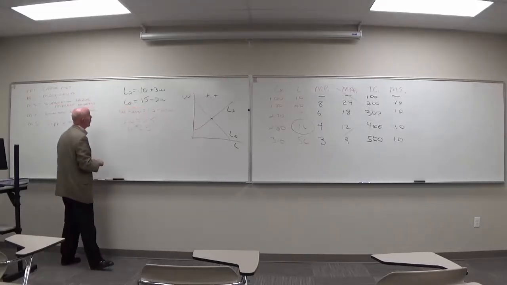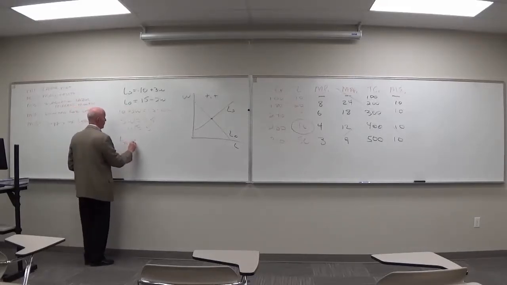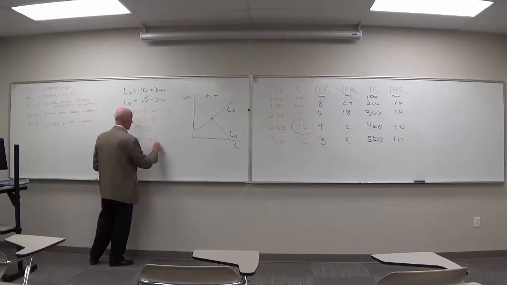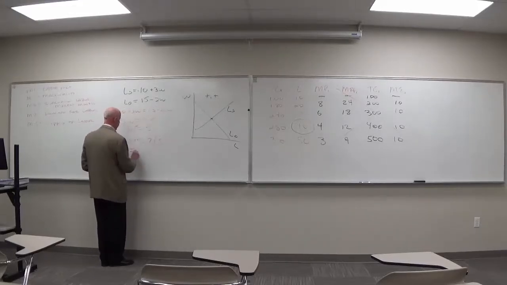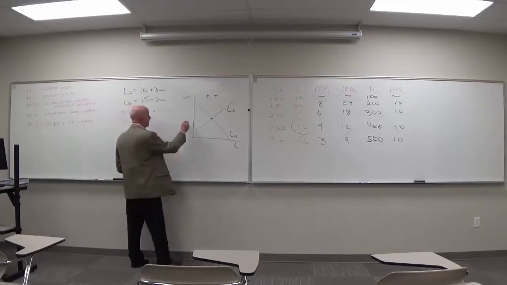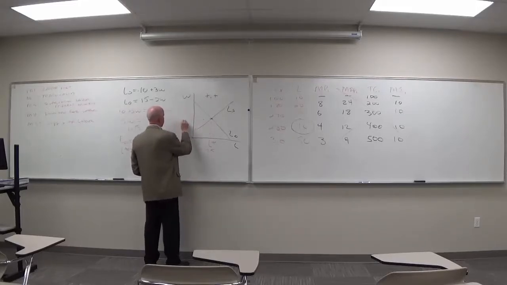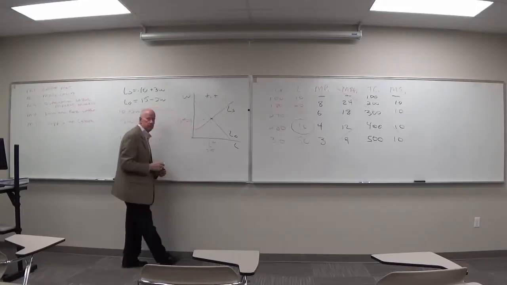So I put in either one. So I'll use LD. LD is equal to 15 minus 2 times 5, or 10, so it's equal to 5. So that's now L star. So I've got L star is equal to 5, and W star is equal to 5. Okay?